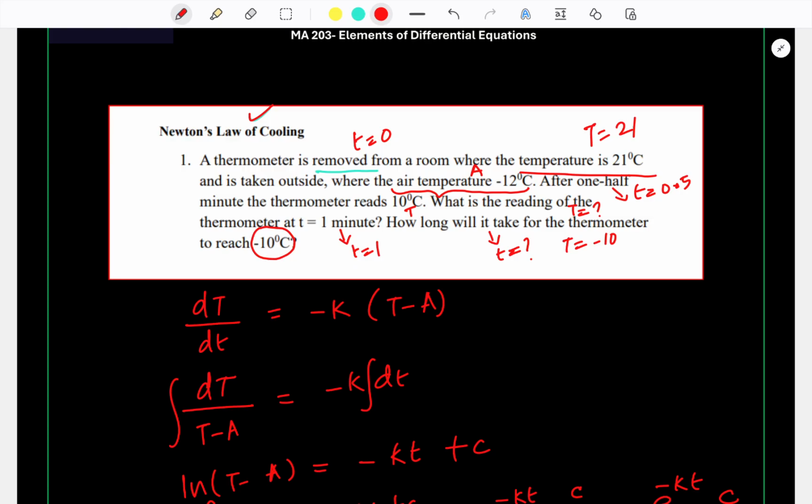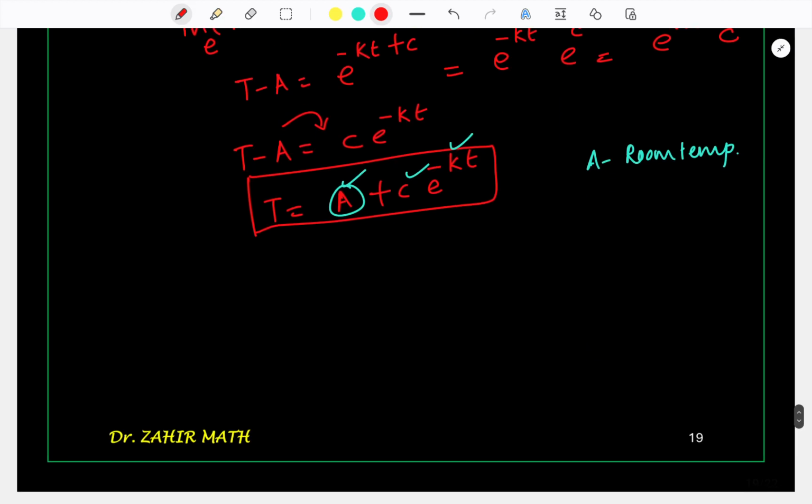Because I keep moving the screen, maybe you will get confused, so I'll write all the conditions here. What is given? t is equal to 0, capital T is equal to 21, and the room temperature is equal to minus 12 degree. And there are 2 questions.